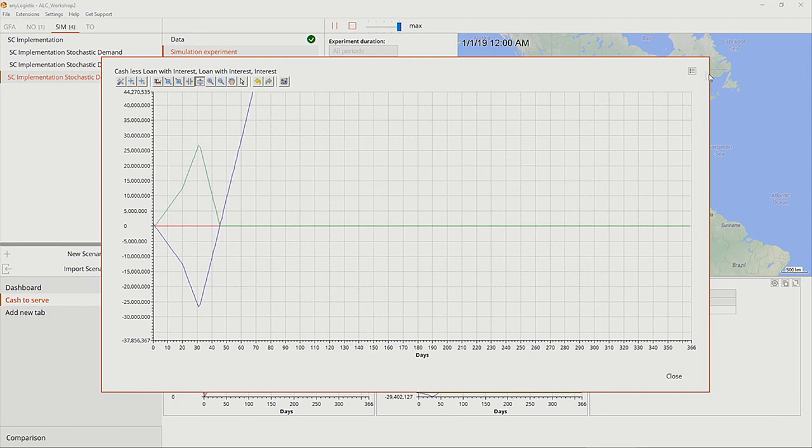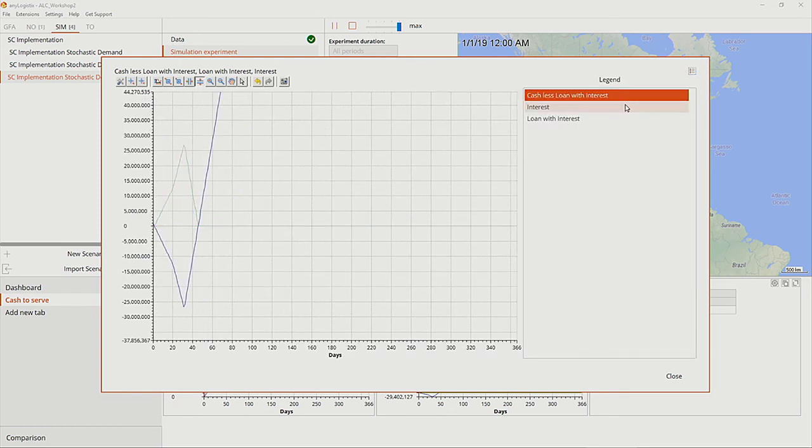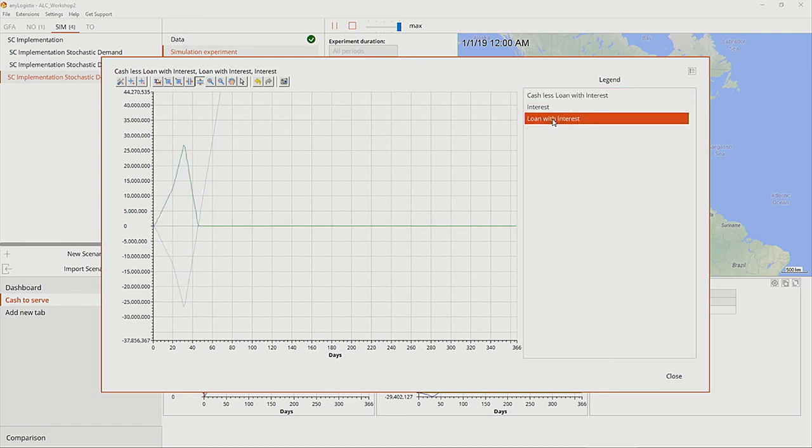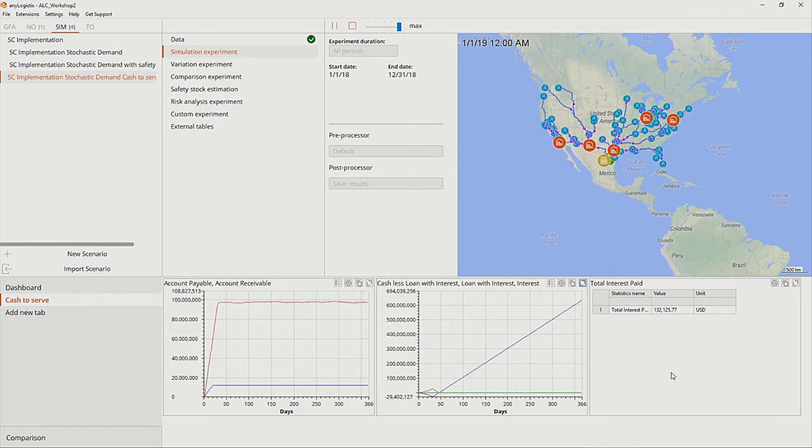So we compensate that with a loan, and we pay off interest, and the total interest value is pretty small because it's only a 45-day period, right? It's $132,000 US.